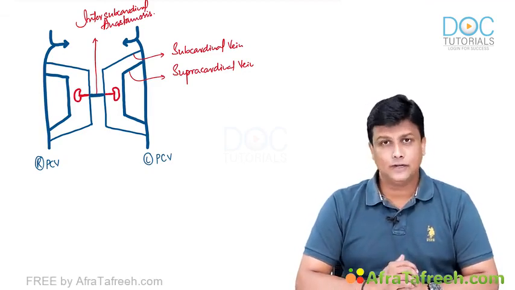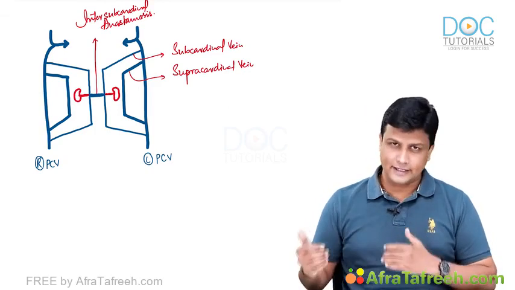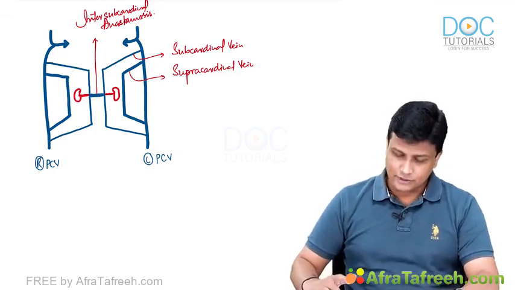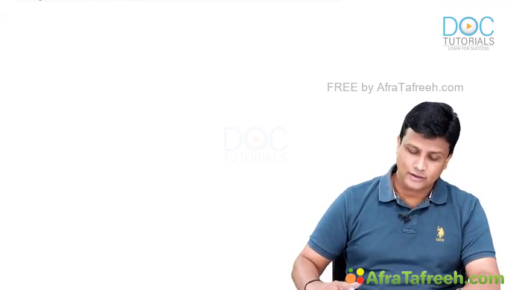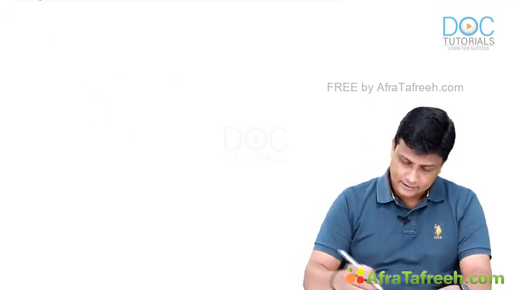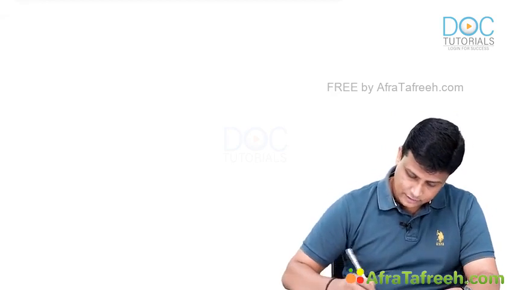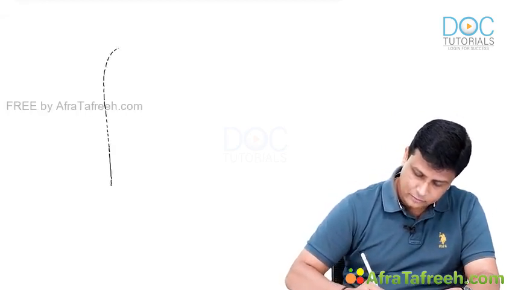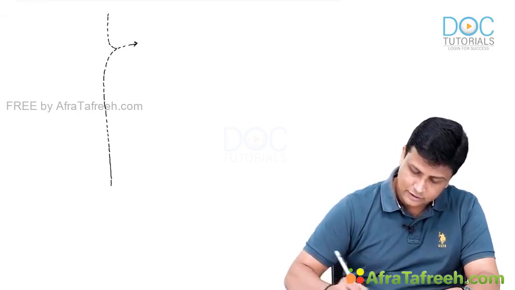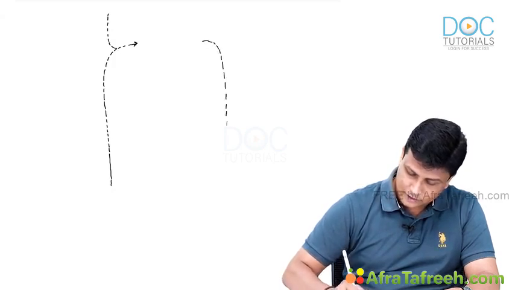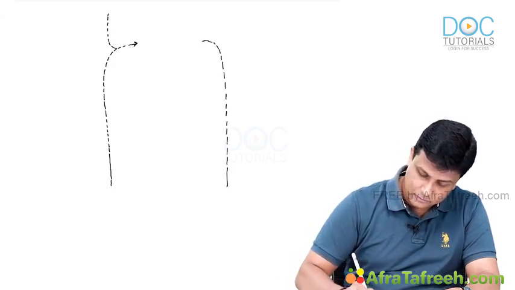To learn that, we are going to draw the same diagram again, but without the names, and let us draw it in dotted lines so that we can highlight the only one thing which is going to remain or persist, guys. So imagine this one here to be the right posterior cardinal vein, and this one is the anterior, and similarly imagine this one to be the left posterior cardinal vein.